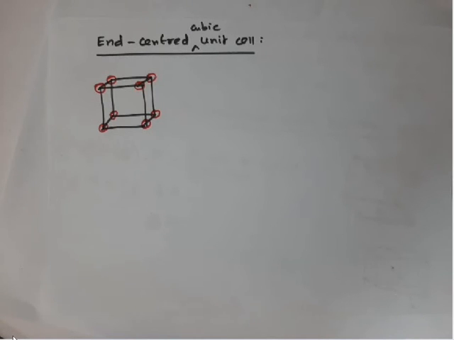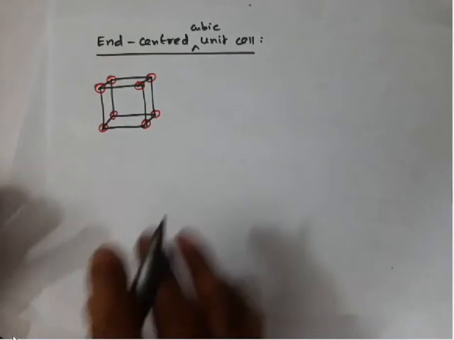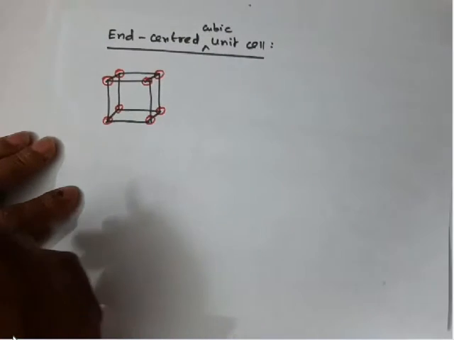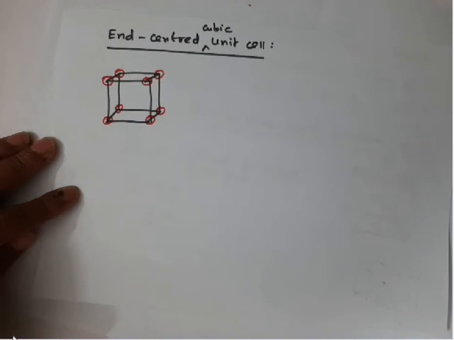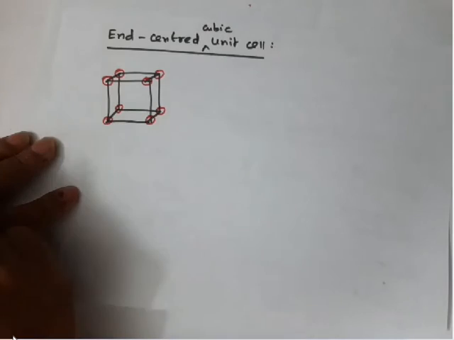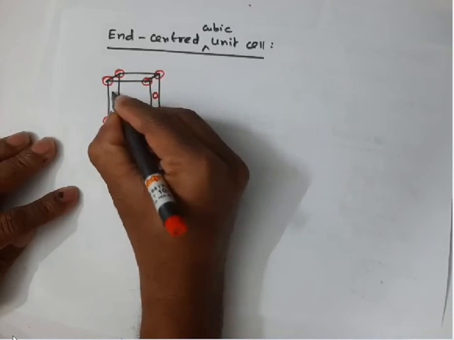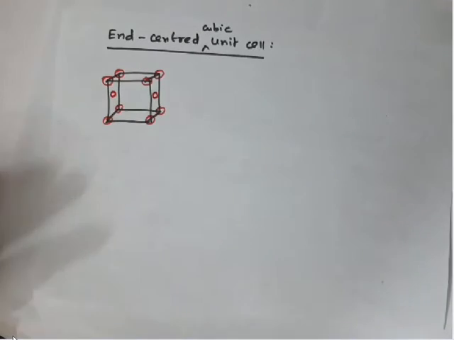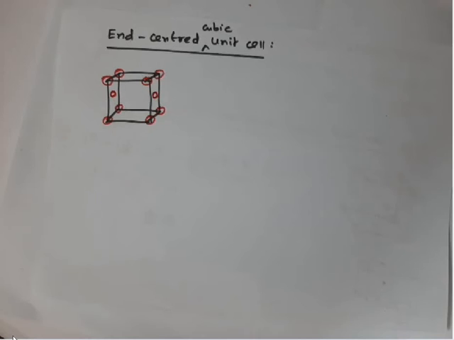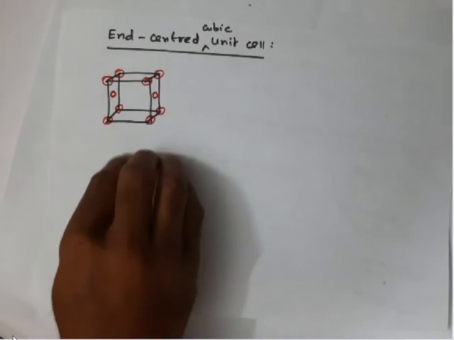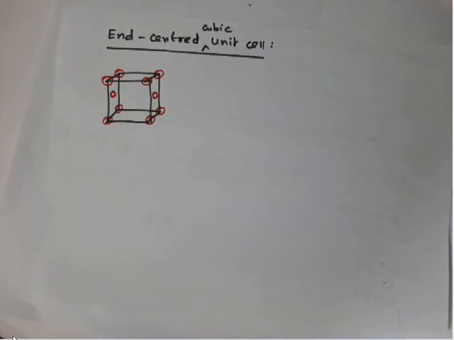Now, I am going to show you the end-centered unit cell. For an end-centered unit cell, you should place 2 atoms at the opposite face centers. I will place one atom in this face and another atom in the opposite face center. Other faces should be empty. You should place only 2 atoms at the opposite face centers. Then we call this type of unit cell an end-centered cubic unit cell.